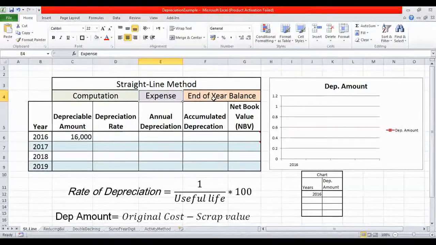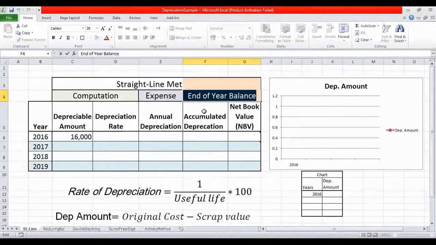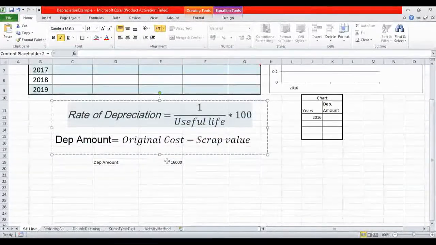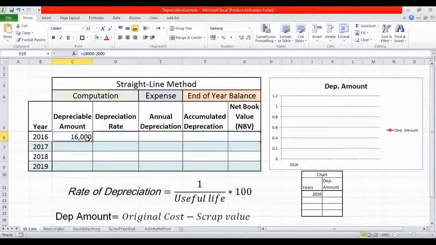The third part is the end of year balance, which is going to have an impact on our balance sheet. So we have written the 16,000 over here.